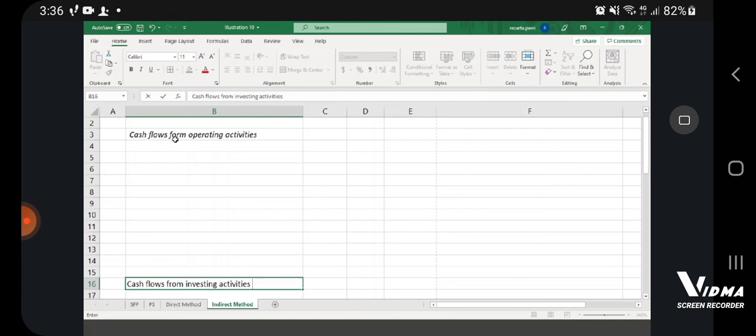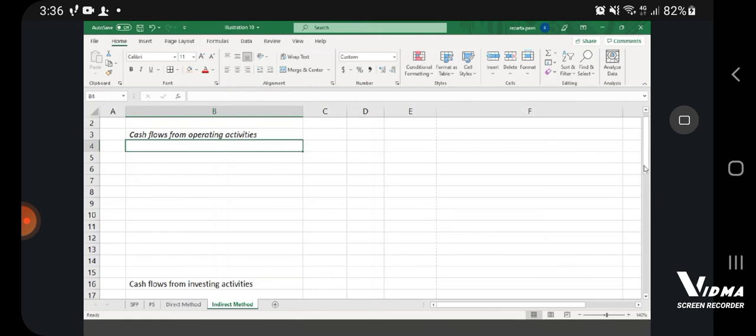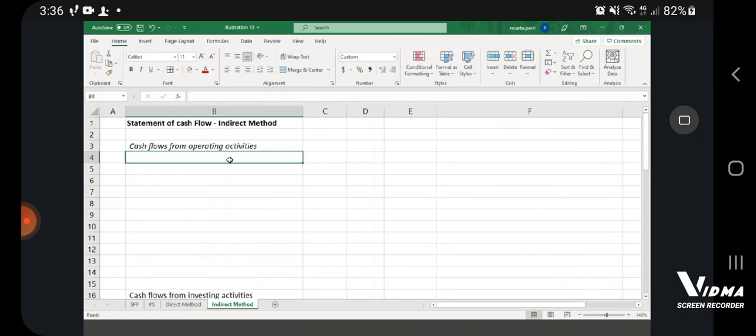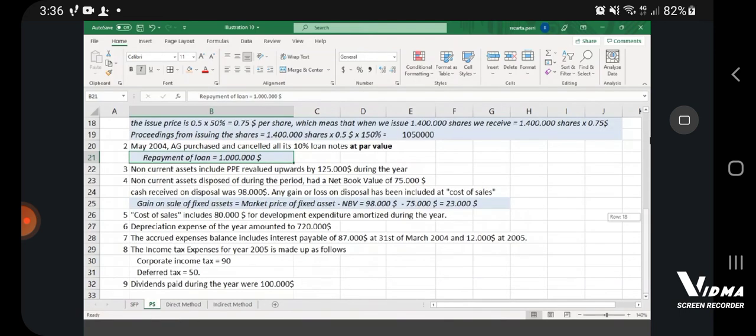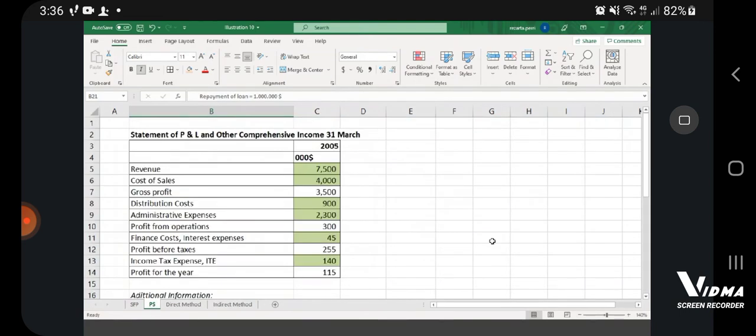Now, under the indirect method, the cash flows from operating activities usually start with the net income, that is the performance statement, the profit and loss statement. We do not start with the revenue item, but we usually start with a line of profit.